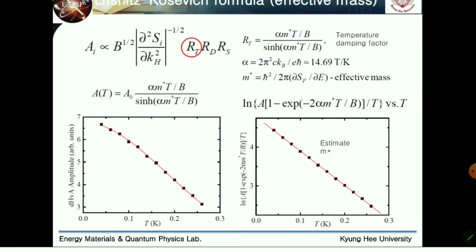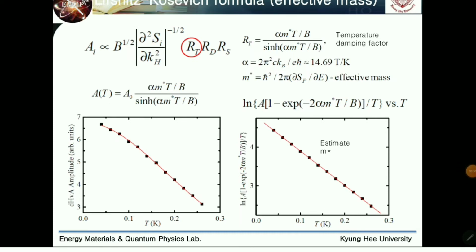Here alpha is a parameter given by 2 pi squared C k_B over e h bar, and the value is 14.7 Tesla per Kelvin.